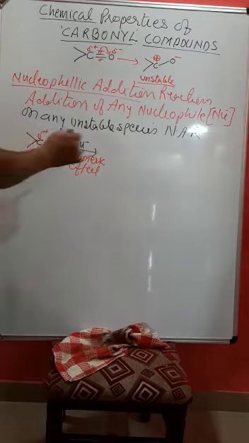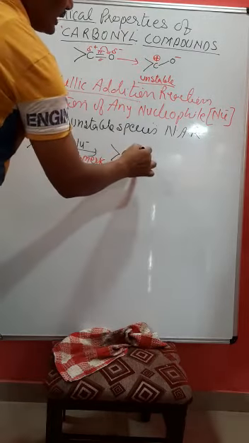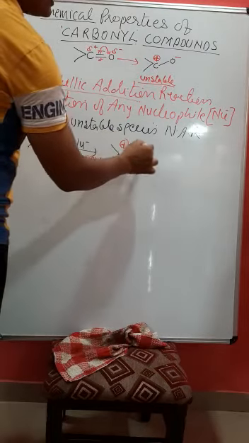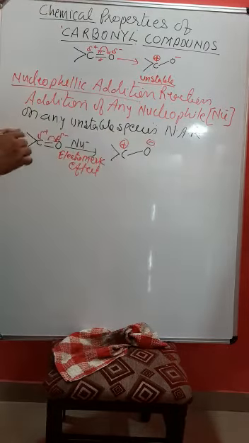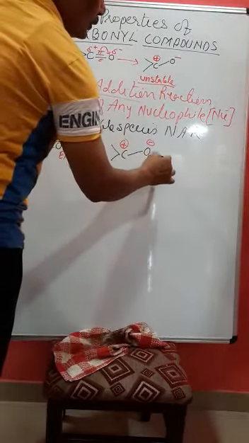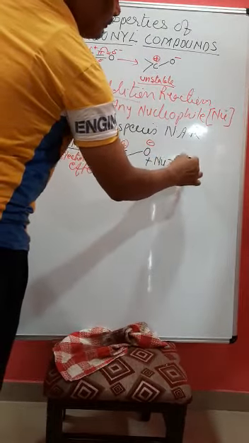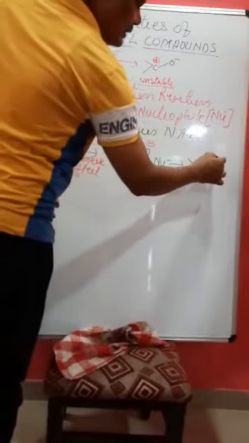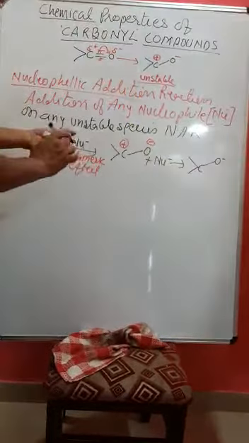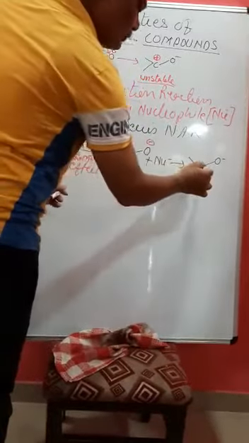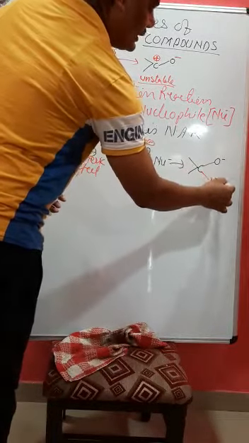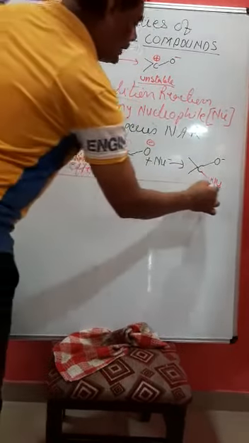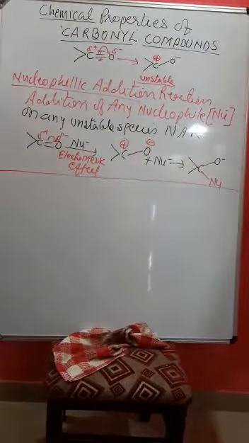Due to this, first the shifting of the pi electron pair takes place, causing the formation of positive charge and development of negative charge, and now the nucleophile attacks the electron deficient site. The oxygen becomes negative, and the nucleophile attacks the positive part. So this reaction is known simply as a nucleophilic addition reaction.